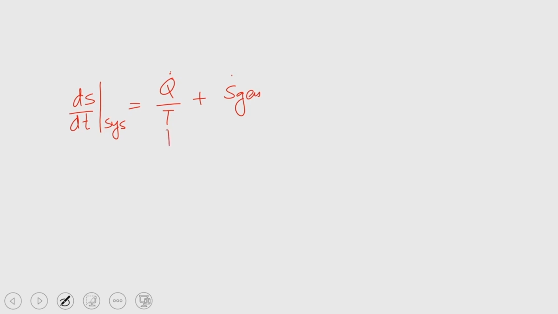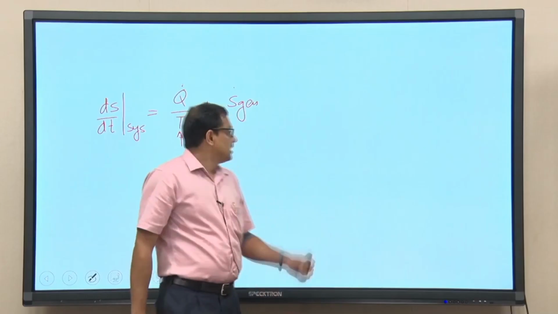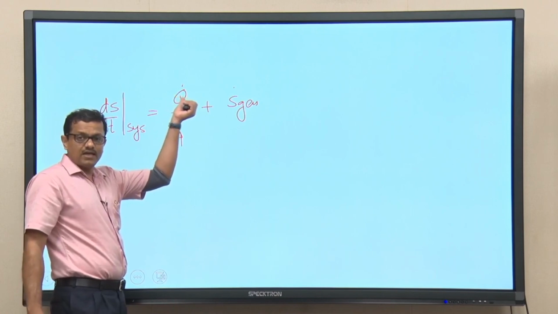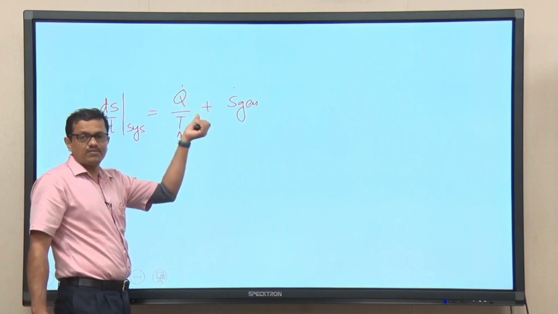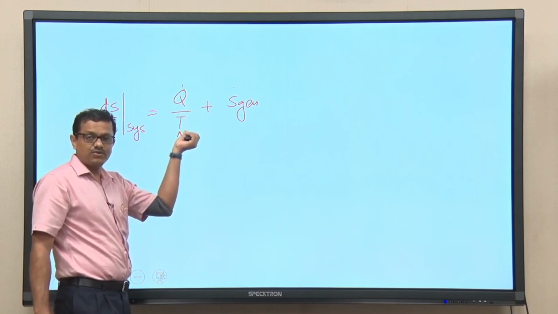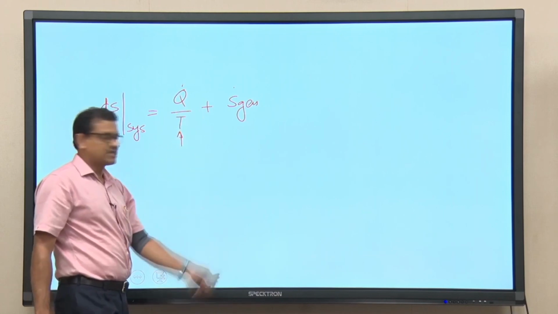This T is the temperature of the boundary through which heat transfer takes place. Heat is either being added to the system or taken away from the system. This T is the temperature of the boundary through which flow of heat takes place.